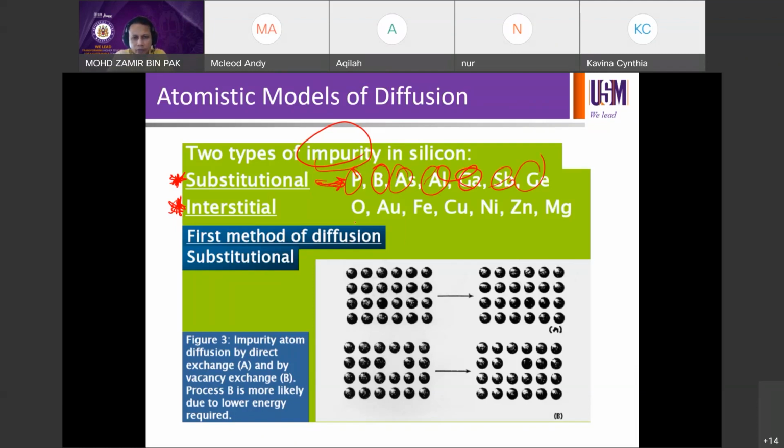On the other hand, if you have oxygen, gold, iron, copper, nickel, zinc, magnesium, they are considered as interstitial impurities. Okay. So for a substitutional impurity atom, diffusion is by direct exchange, where it will exchange the original atom, or by vacancy exchange.